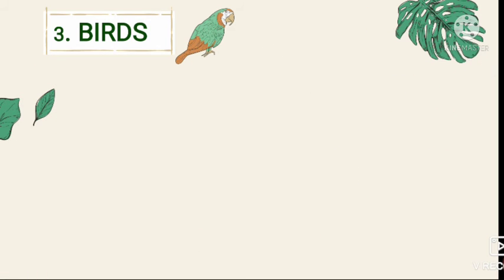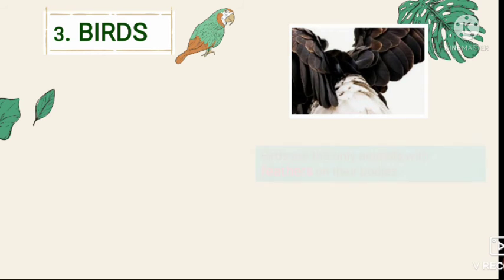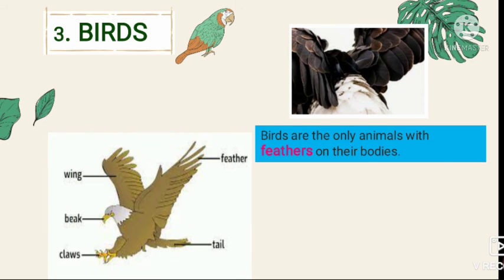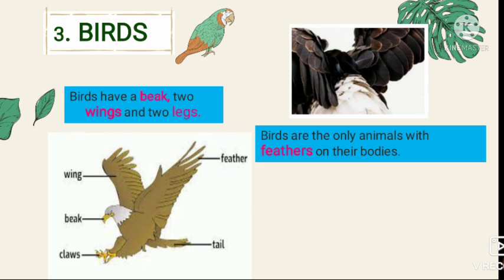And now let's learn about the other group. We call it birds. What is special about birds? Remember, birds are the only animals with feathers on their body. Look, guys. They cover their wings and all over their body with feathers. It is only found in this group. It is only found in birds. And look at this.